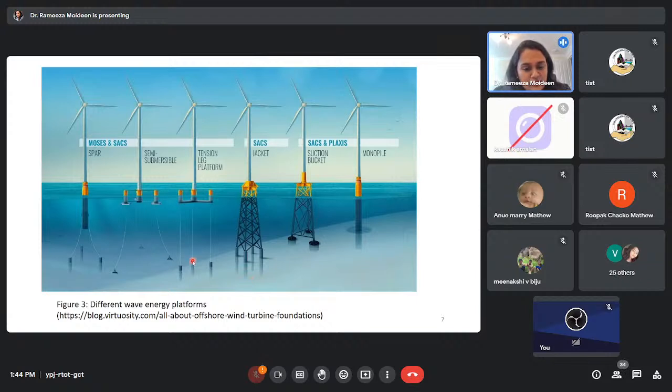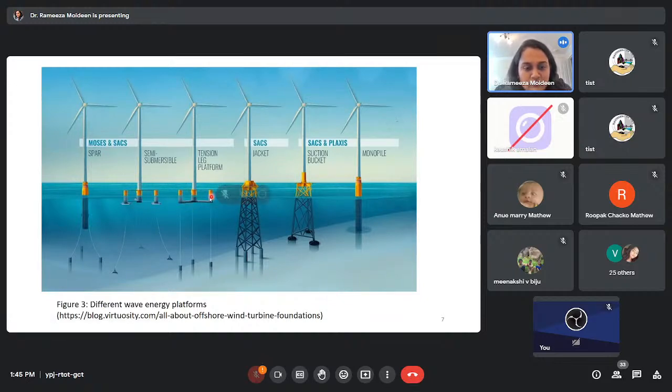Then, when going to deep waters, like above 200 or 300 meters up to 1,000 meters, we can adopt floating offshore wind energy platforms. The main studies and investments are now being carried out on offshore floating platforms. Based on Archimedes' principle, we already know how to float a structure in water. This is called a tension leg platform.